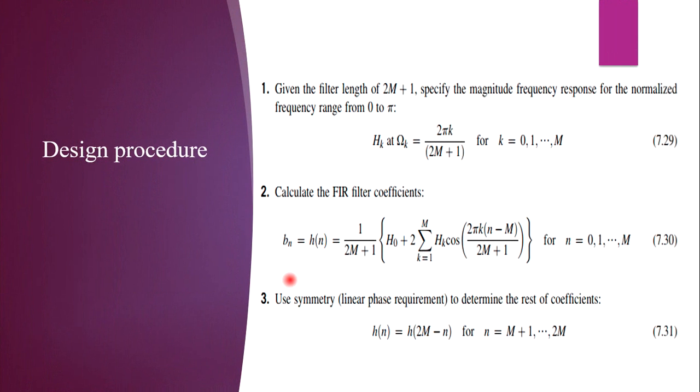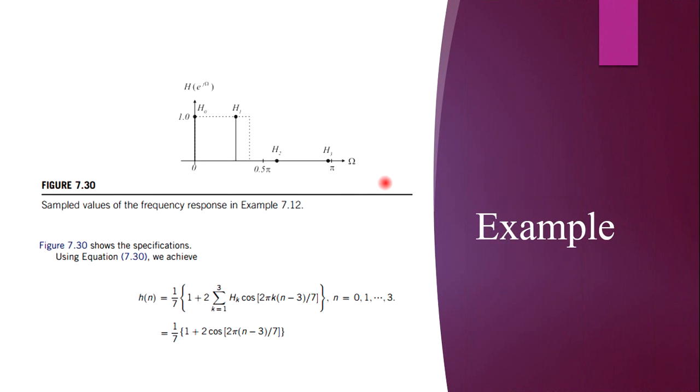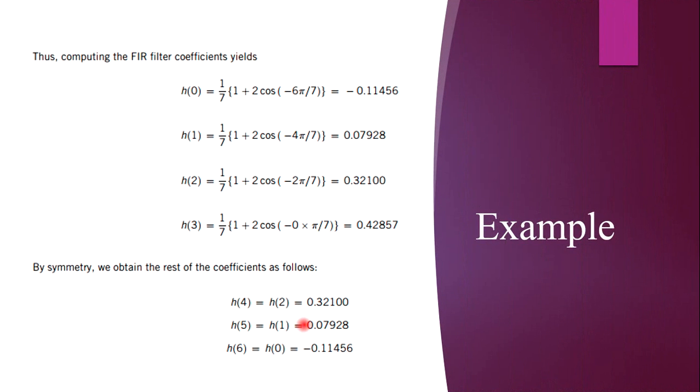As we have completed the first step, the next step is to calculate the FIR filter coefficients. We will just have to substitute the values in the formula. Because M is 3 from the length of the filter, just substituting the values and varying the value of n, we will get the filter coefficients.